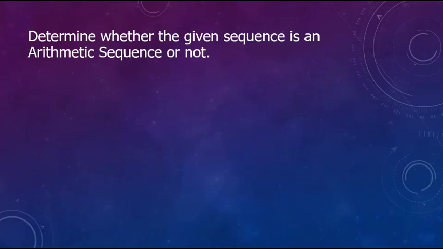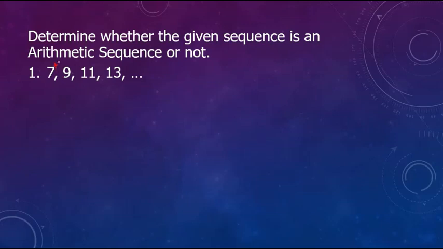Okay, so let us have the following sequences and determine whether each is an arithmetic sequence or not. On number 1, we have 7, 9, 11, 13. Again, analyze this sequence. Check how each succeeding term or next term can be obtained. Paano nakuha si 9?